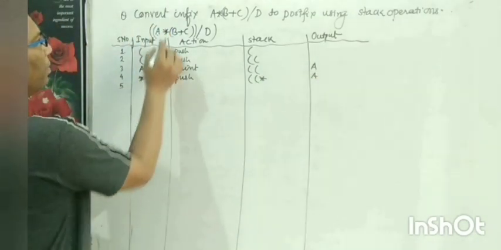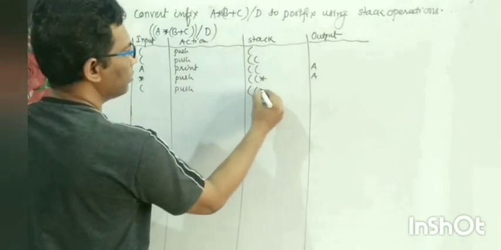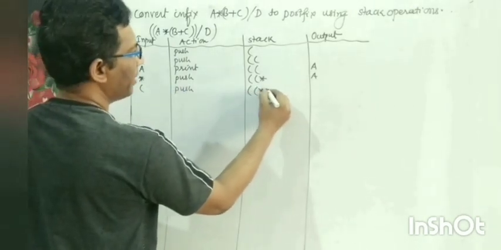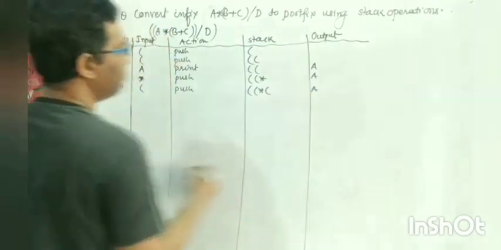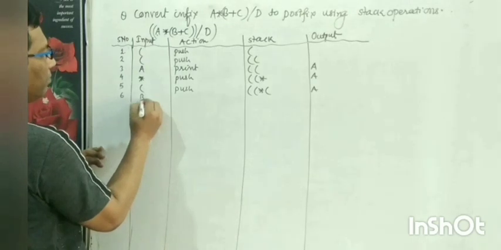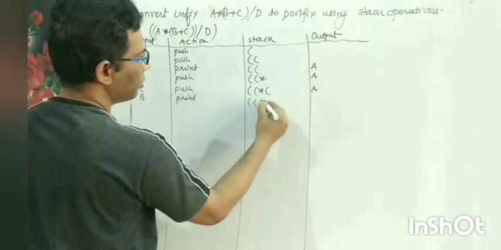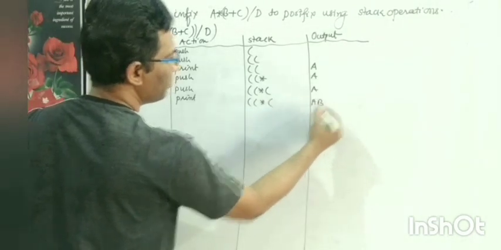In the fifth step, we have operator opening bracket. So push, stack becomes opening bracket, into, opening bracket, output remains same. In the sixth step, we have a variable B. So we will print it to the output. Stack remains same and the output becomes AB.